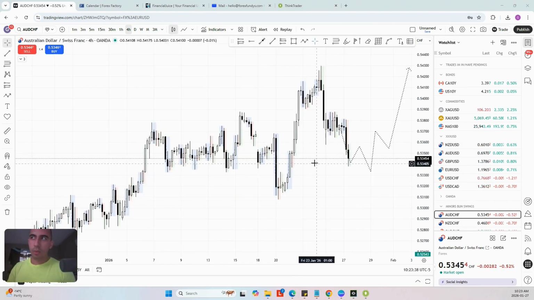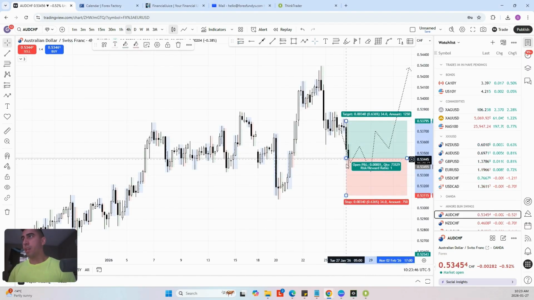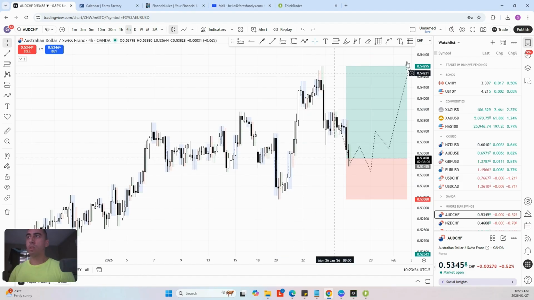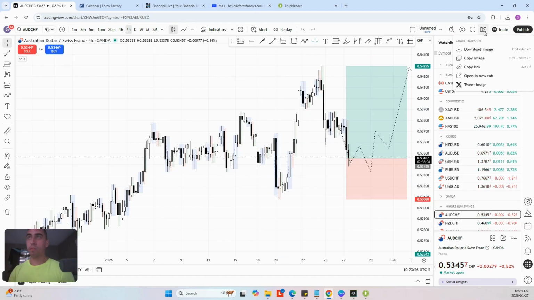Now, I'm not good at swing trading, but I think that this is probably a great one to forward test. AUDCHF, like I said, we have a bullish reading on AUD for the Forexfundys chart. So I'm going to just journal this for journaling purposes. I was a horrible swing trader before taking account of the fundamentals.